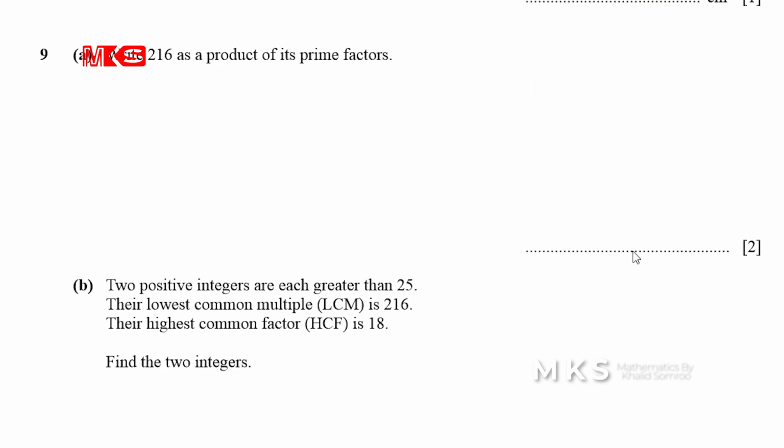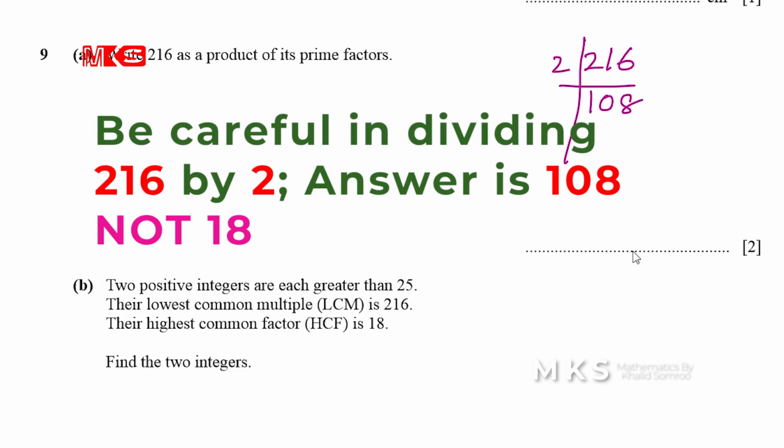Question number 9. Write 216 as a product of its prime factors. If I start with 2, 2 ones are 2, 0, 16, 2 8s are 16. Because if I am dividing by 2, 2 ones are 2, so 1 is left. Since 1 is smaller than 2, we combine the next digit, but in the answer there should be written 0.